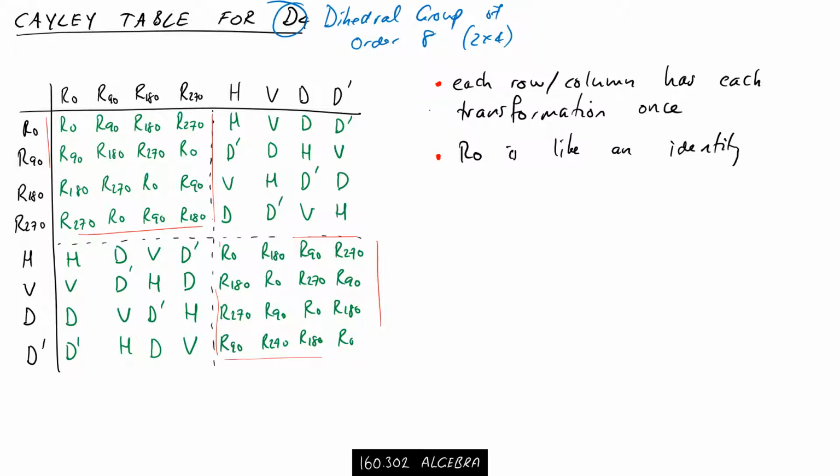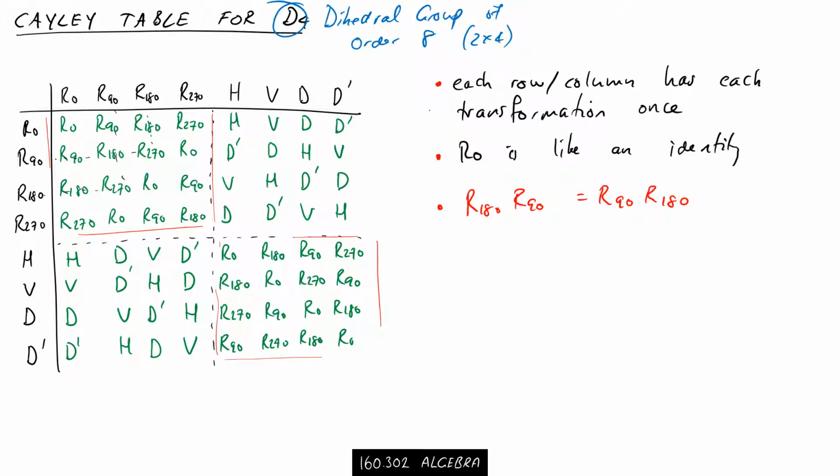Okay, what else can we see? Is it the case that the order of transformations doesn't matter or not? If I take R90 times R180, I get R270. And if I do R180 followed by R90, I also get R270. So it's definitely the case that for some operations, R180 R90 equals R90 R180.